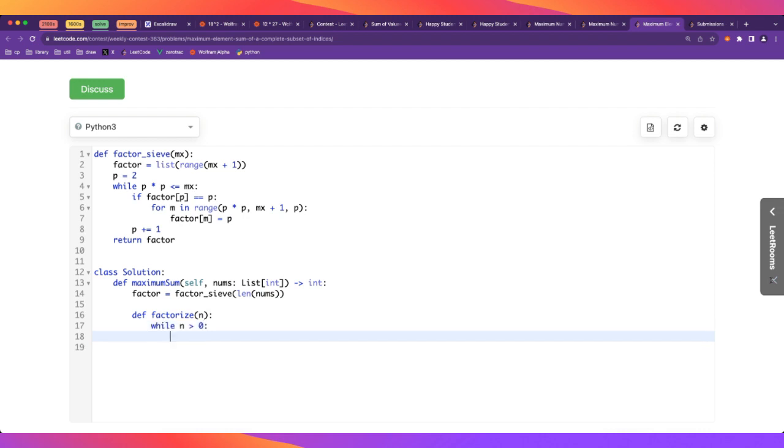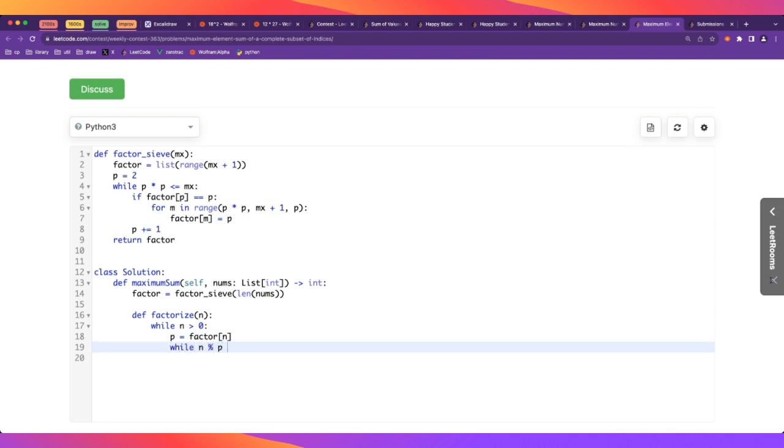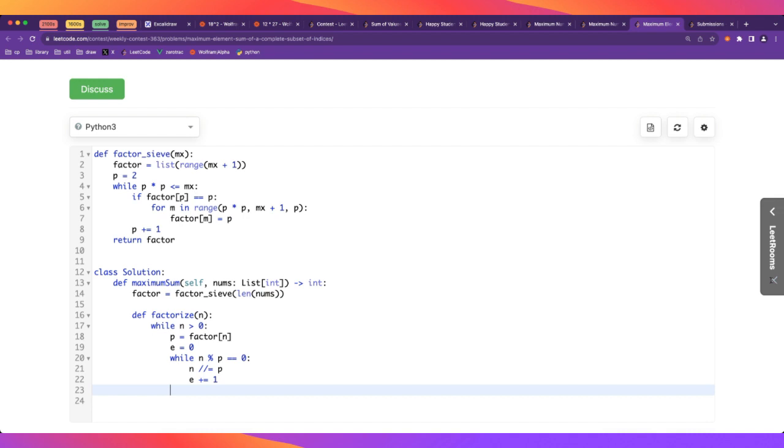While the number is greater than 0, one prime is given by the factor of m. So while it is divisible, we divide by it, and we want to count the number of times. So let's call this e, and that's the exponent.